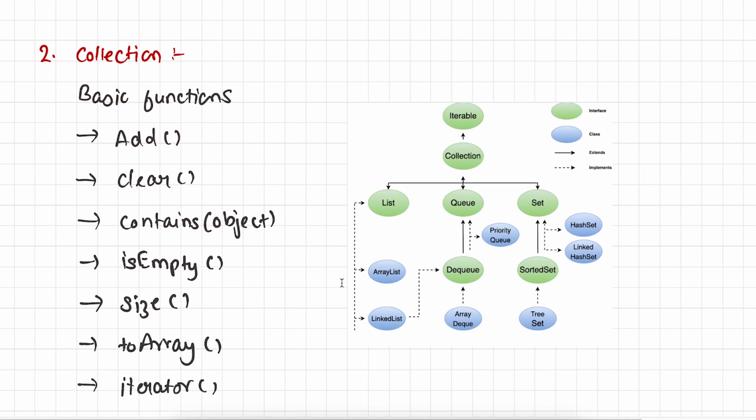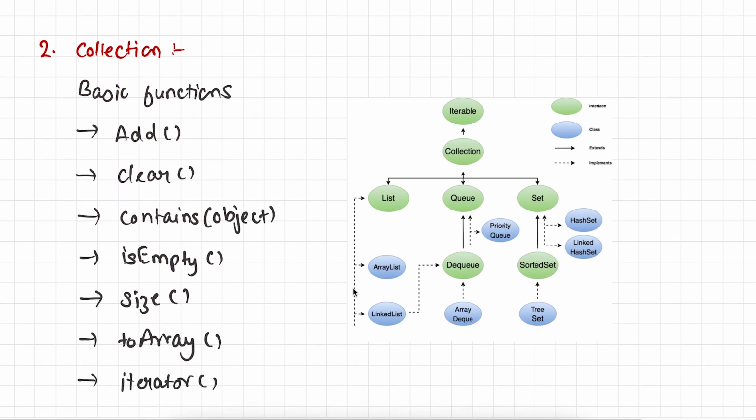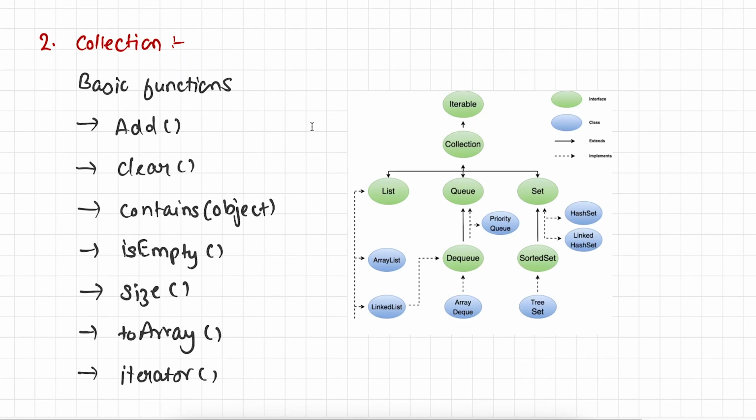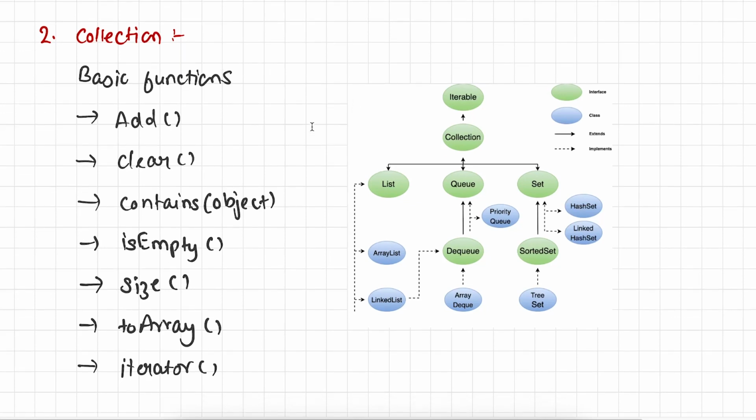As you can see in this entire diagram, the Collection interface is the root interface of all the interfaces. Here you can see that the List interface also extends Collection, Queue is also extending Collection, Set is also extending Collection, and Collection is extending the Iterable interface. So what is the role of the Collection interface here? Basically, the Collection interface provides all the basic functionality that is needed for all the collection classes.